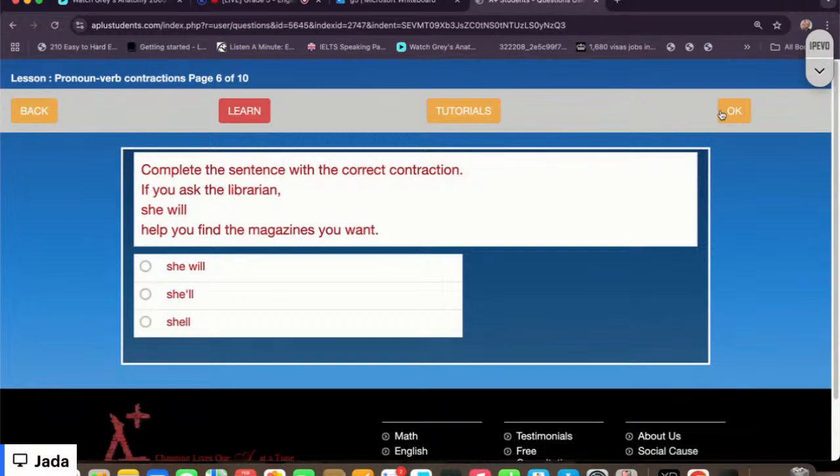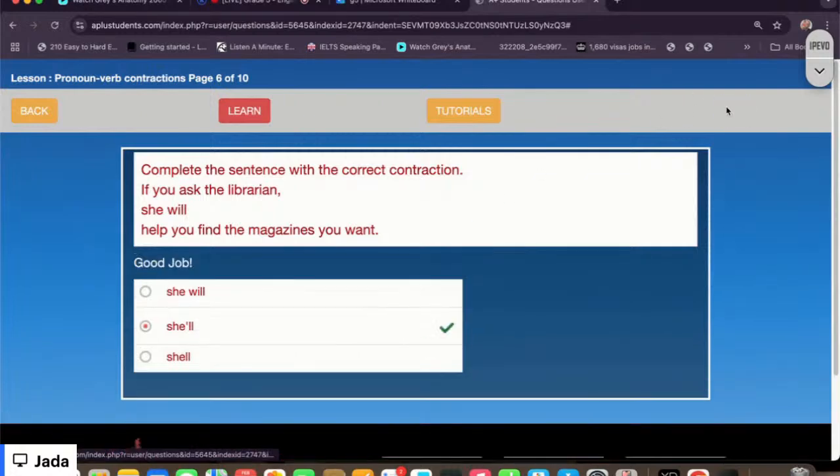So we also have, if you ask the librarian, she will help you find the magazines you want. What is the right answer here? So we have she will.